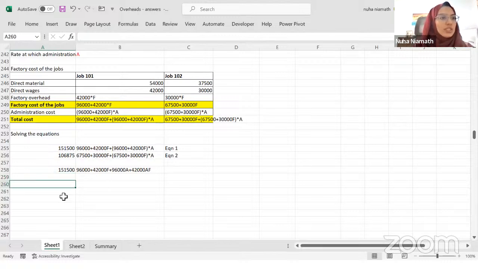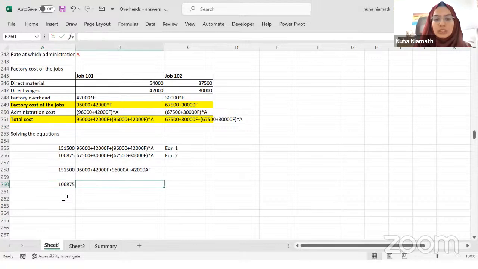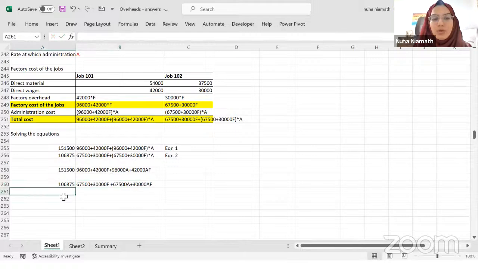And the second equation is 106,875 is equal to 67,500 plus 30,000 F plus 67,500 A plus 30,000 AF. All clear till here? Opening of the equations. Okay.